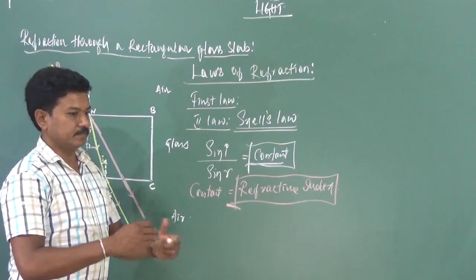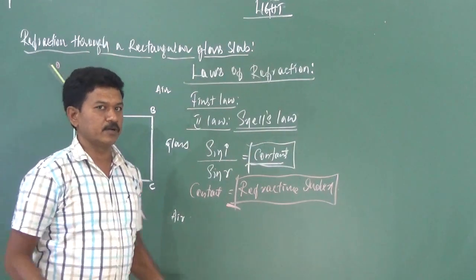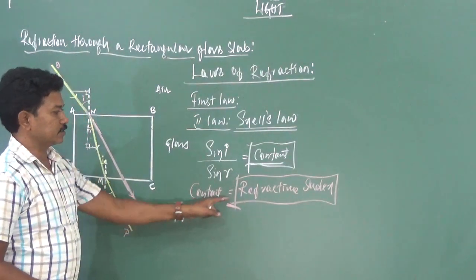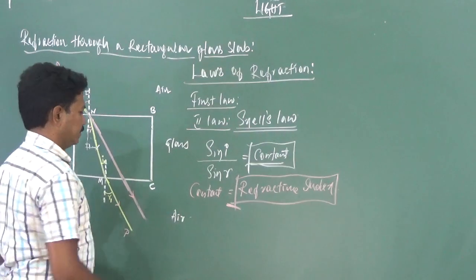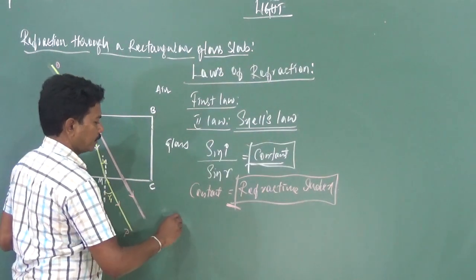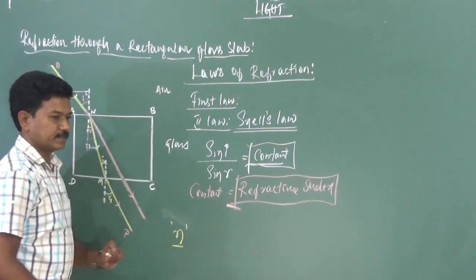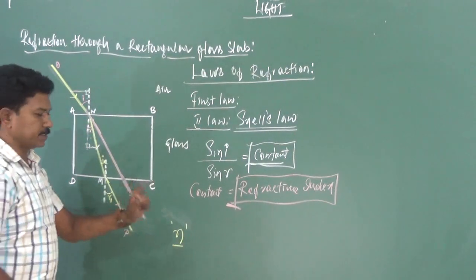That is how you have to understand. Concentrate. So the constant is called refractive index. Refractive index is indicated by the letter n, and it has no units.